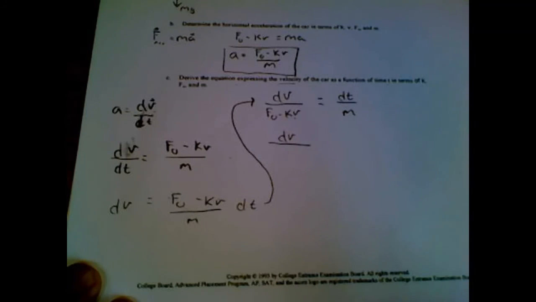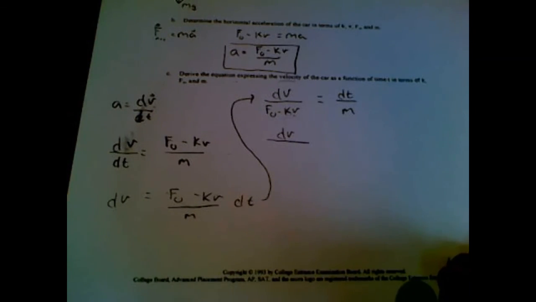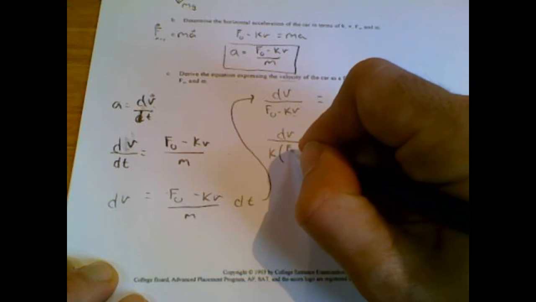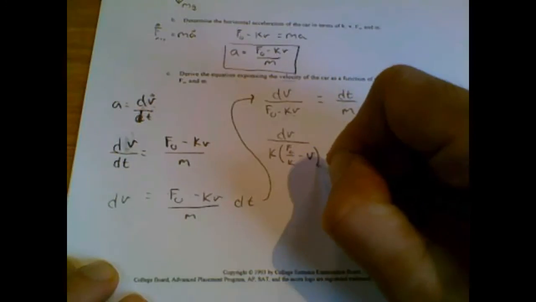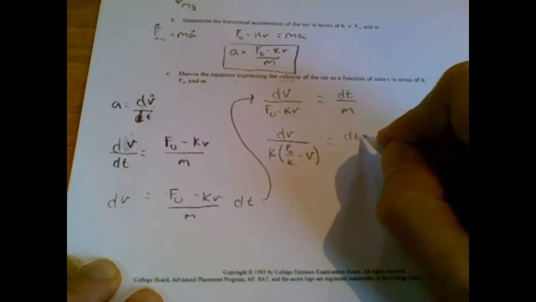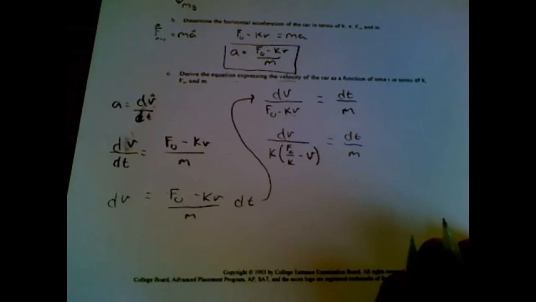So I'm going to say dv over k times F naught over k minus v equals dt over m. That does look a little weird, but that is just easier for me.